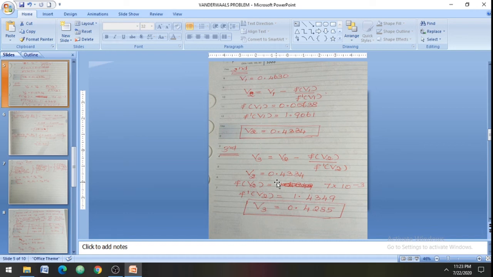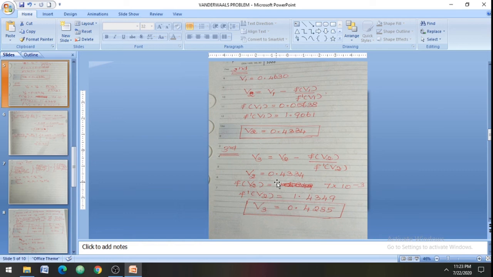Now check the V2 and V3 values. V2 is 0.43 and V3 is 0.428. So 0.428 is approximately equal to 0.43, a very close value, so I am going to stop the iteration. Suppose these values were not equal, I would go to the next iteration, the fourth, and then the fifth.